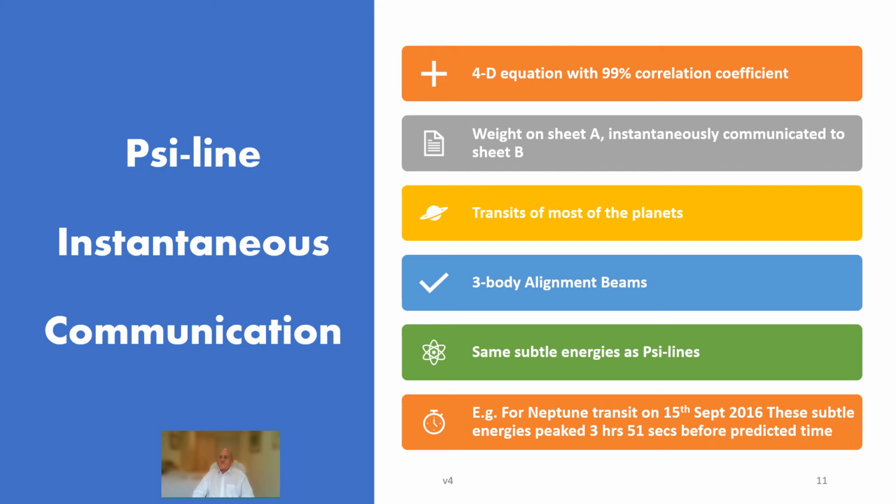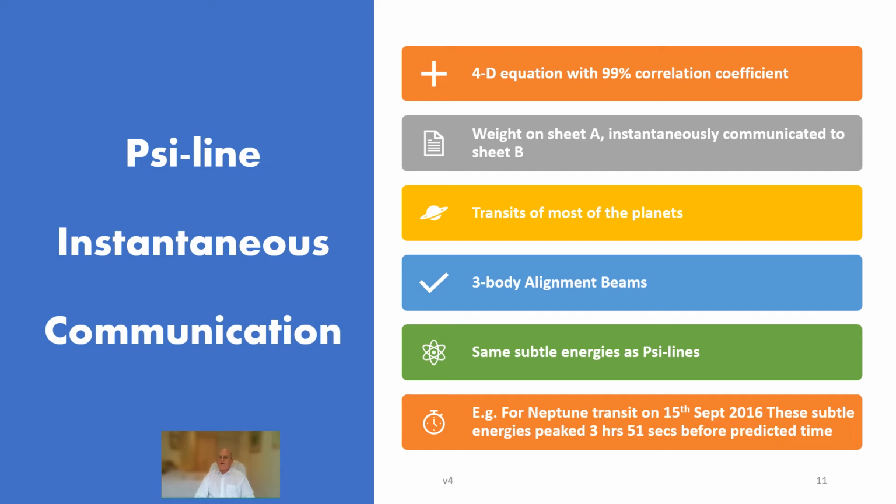Since 2009, I have published several papers based on transits of most of the planets in our solar system. The transits created a 3-body subtle energy alignment beam, which has similar properties to psi lines.